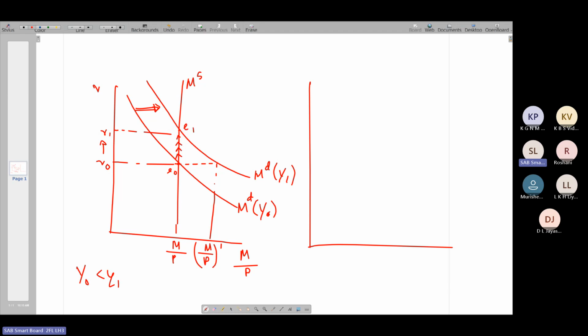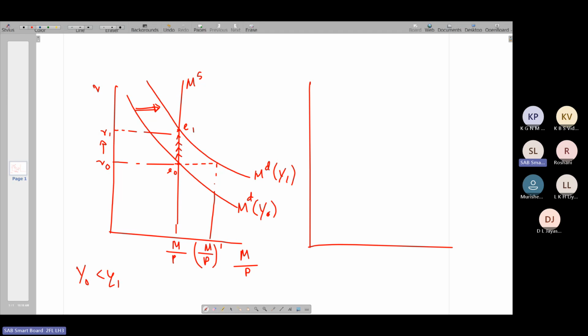When income level increases from Y0 to Y1, that creates excess money demand in the money market. As a result, there will be upward pressure on the interest rate to rise. Interest rate increases from R0 to R1, and the new equilibrium is established at point E1.